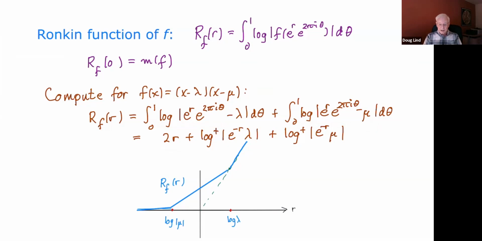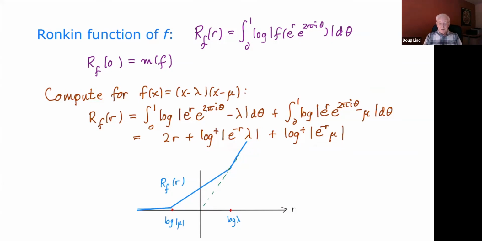Well, when r is big, these are small, the log pluses are 0. And so when r is big, you'll get a line of slope 2r. When r is large negative, these are huge. Both this and this are huge. The log pluses are just logs. So you're getting 2r minus r minus r plus log lambda plus log mu.